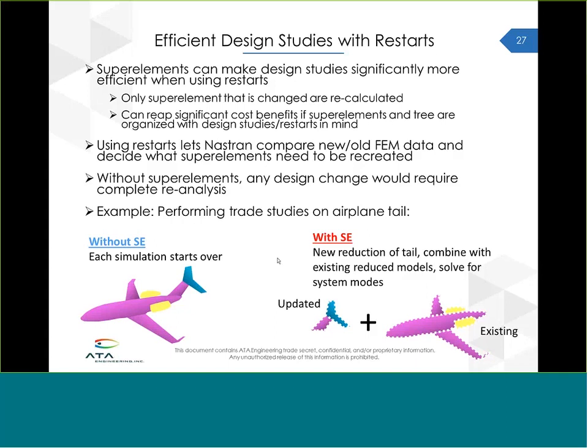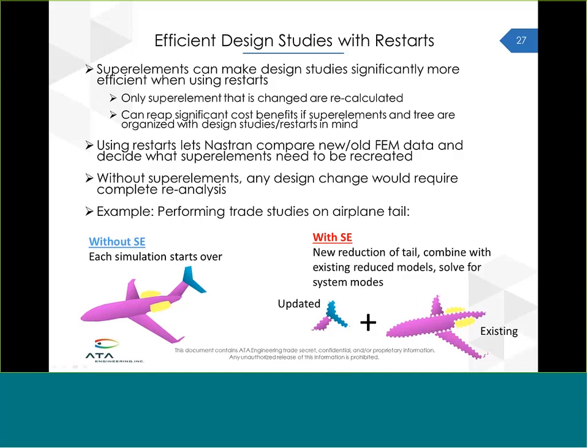You have to kind of think about this up front a little bit, but the idea is if you're using superelements, let's say you've already solved for the modes of your structure. So again, what Nastran has done is it's solved for the modes of each individual piece and then couple them all together and solve for the modes of the whole structure. Let's say you want to change that spring stiffness now.